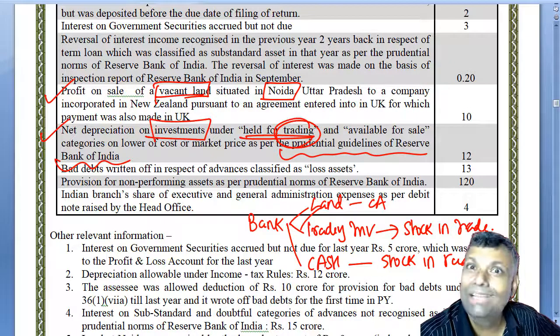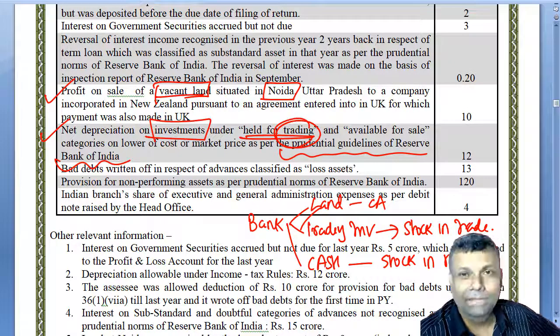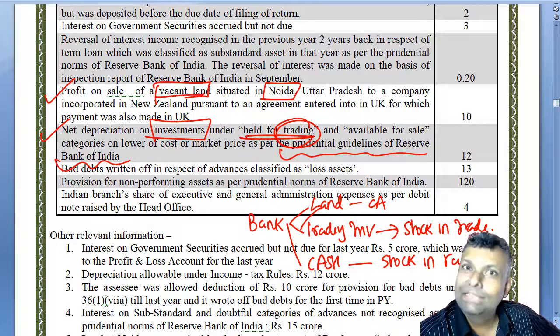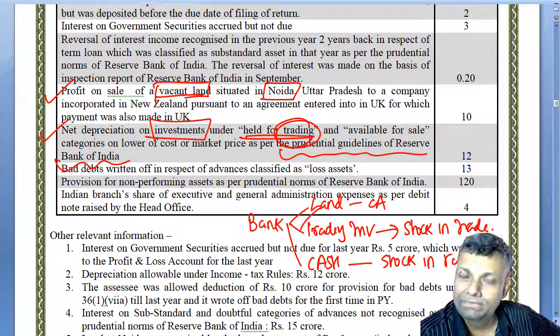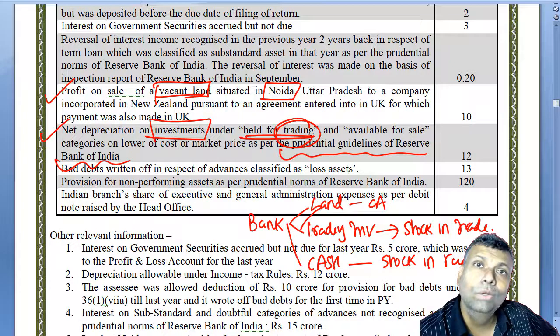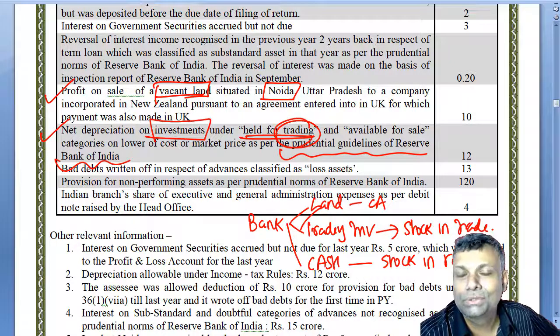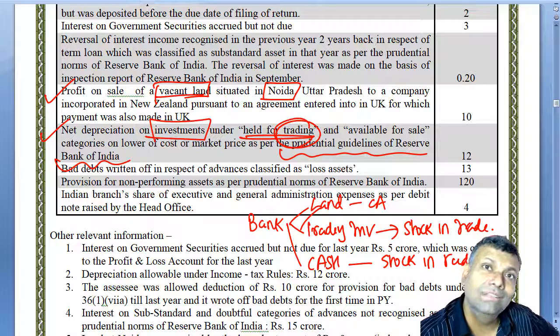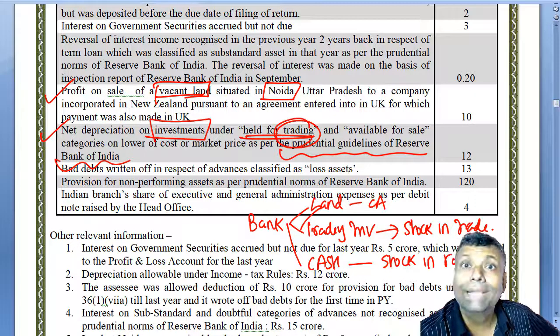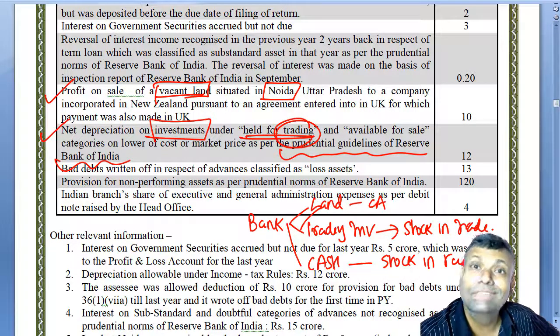So if there is a bank robbery and the bank loses the cash, what will you say? Is it a loss of asset or a loss of stock in trade? From the income tax point of view it will be categorized as a loss of stock in trade, and it will be given as an income tax deduction.